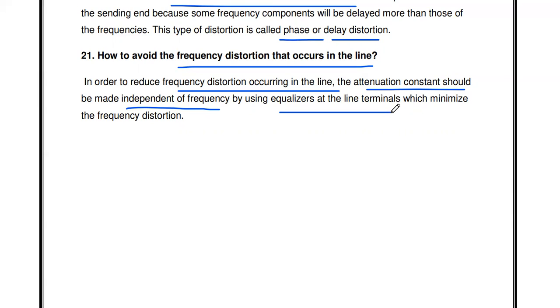If you place equalizers in a transmission line, it minimizes the frequency distortion. So to make the attenuation constant independent of frequency, we have to place an equalizer at the line terminal, which minimizes the frequency distortion.